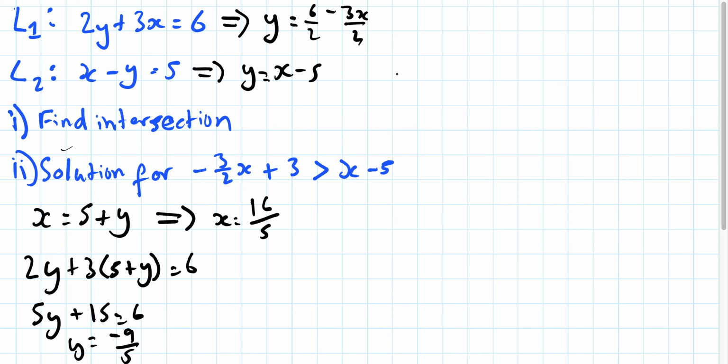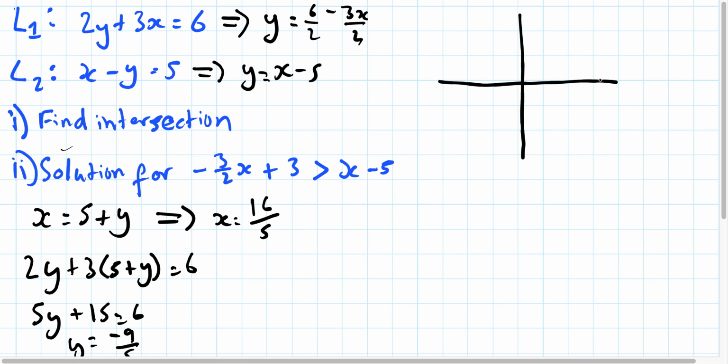Okay, so I'm going to draw the graph. So it's just going to be a rough sketch. It looks something like this one. It has a gradient of minus 3 over 2 going through 6.5. This one I'll do in red.